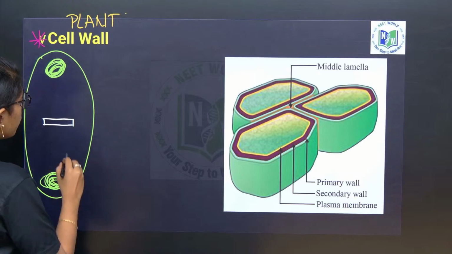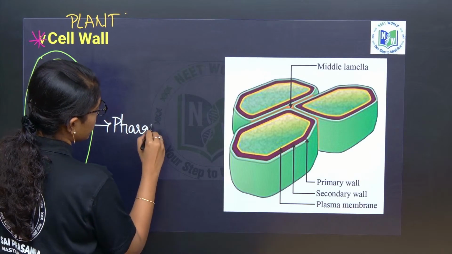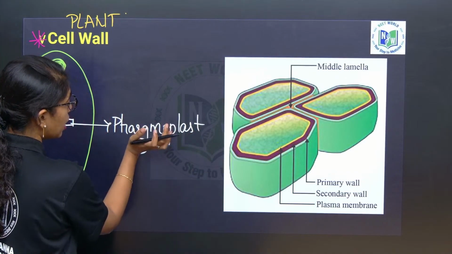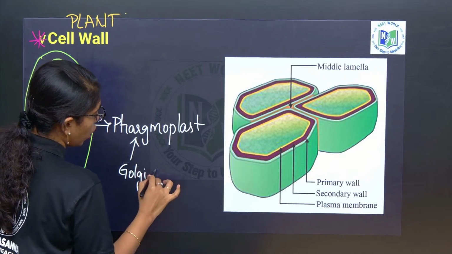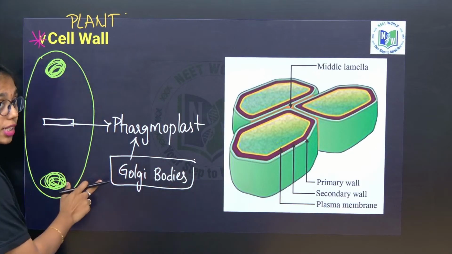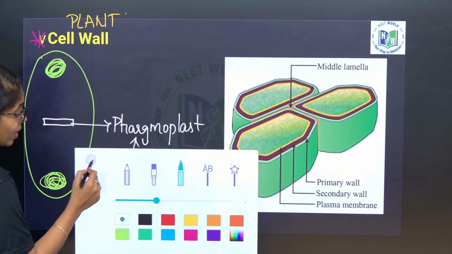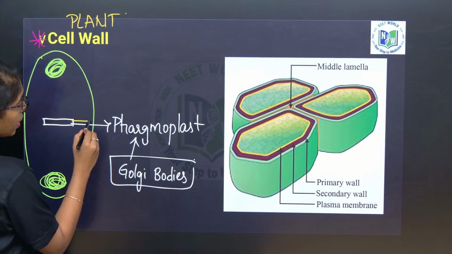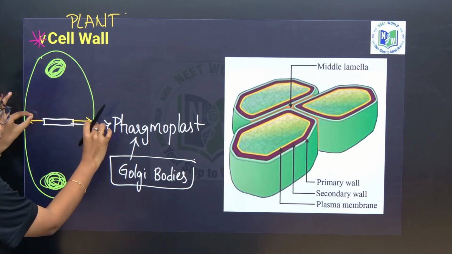This is called phragmoplast. It is secreted from the organelle, that is Golgi bodies. Golgi bodies will synthesize phragmoplast. This phragmoplast will eventually develop into the cell plate, extending from center to periphery.